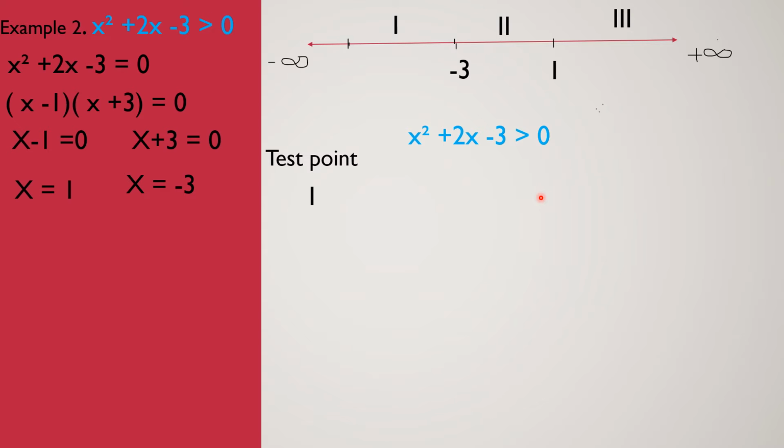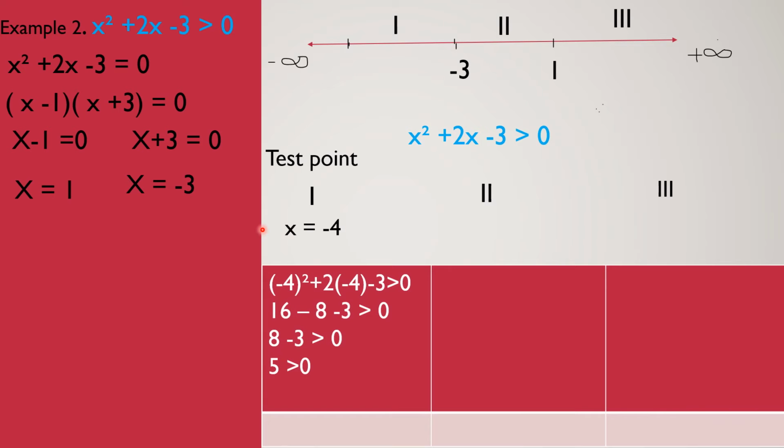Okay, the first part here, from negative 3 going to negative infinity, what are those numbers from here going there? We have negative 3 here, which means we have negative 4, negative 5, negative 6. So let's start with negative 4. Use x equal to negative 4 as our test point.